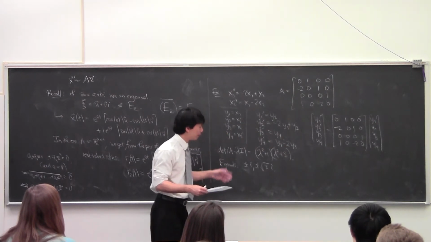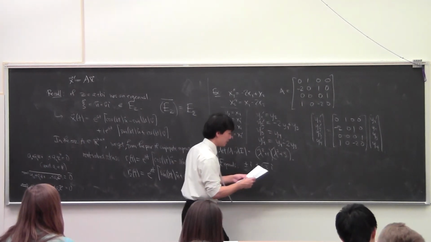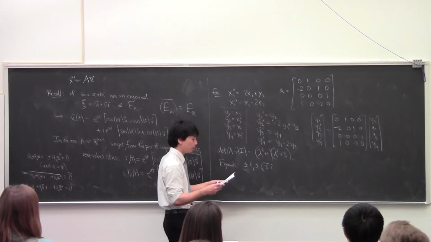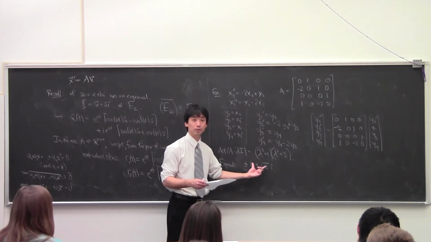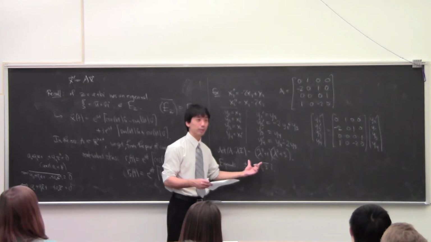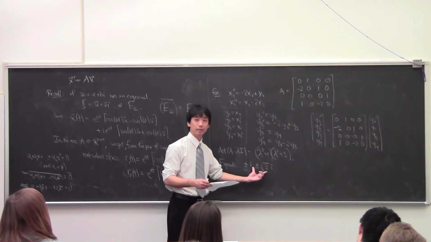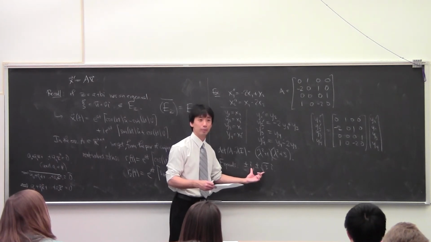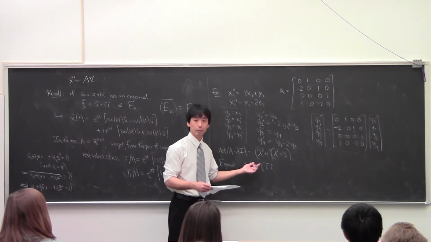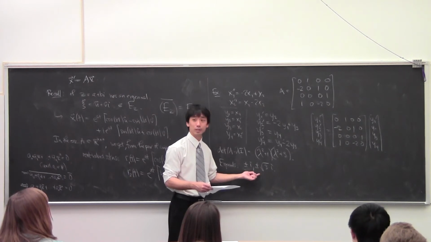Okay, so what happens next, of course, is that we need to find eigenspaces corresponding to these guys. But like we said, we don't need to do it for every eigenvector. We only need to do it for half of them, because the other eigenspaces will just be conjugates of these.